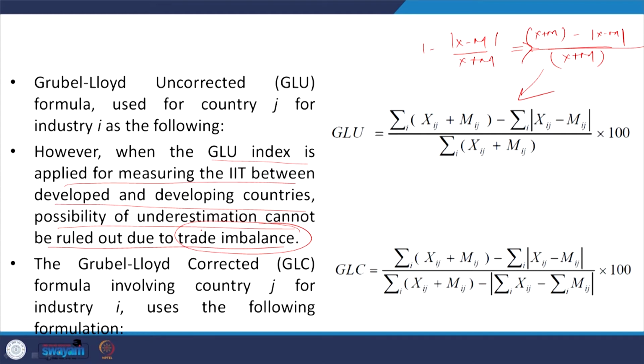How they accounted for it, this part is same. Now, they have included in the denominator the net exports or the net trade. So, this is the total trade of that particular country, total exports minus total imports. In the numerator it is largely the same, but in the denominator the net volume has also been subtracted.